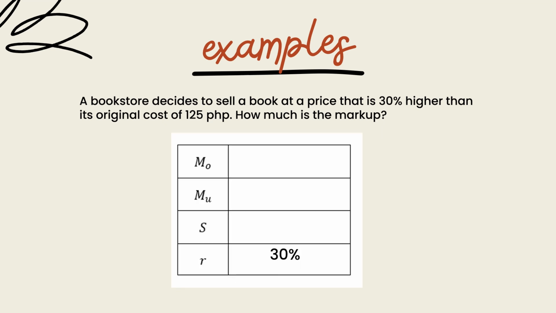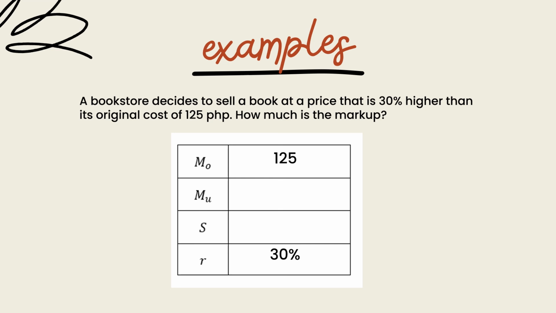So we have here the rate which is 30%. So bakit naging rate ang 30%? Kasi yun yung percentage na idadagdag mo. Dapat daw 30% higher. You have your original price which is 125.